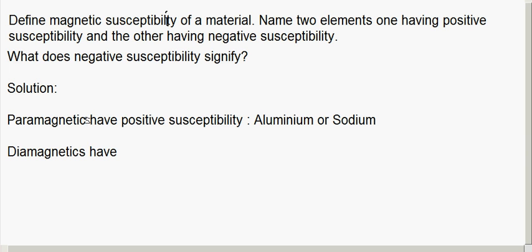Similarly, diamagnetic substances have negative susceptibility, and the example you can write is copper or bismuth.